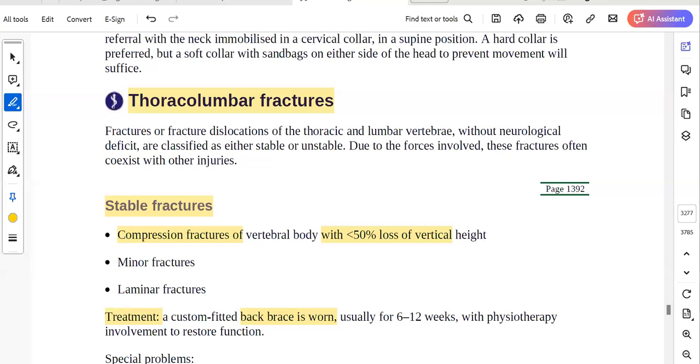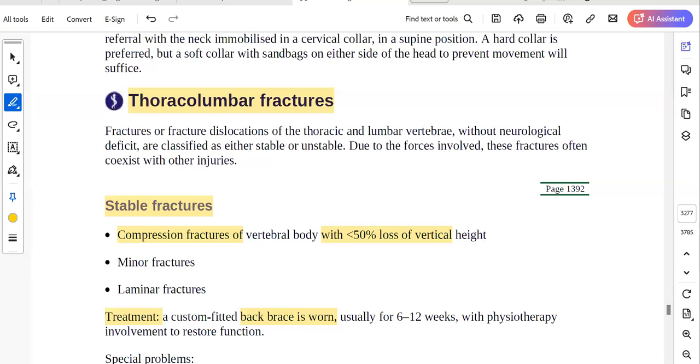Now, for thoracolumbar fracture, especially if it is a compression fracture, this is the only back pain where we ask the patient to take rest. For none of the other back pain will we ask the patient to take complete bed rest. We will discuss back pain just after this chapter, so you will know. But this is the only cause of back pain where we ask the patient to take bed rest.